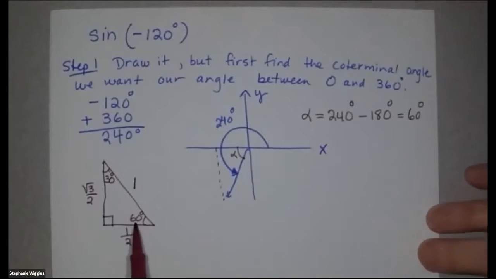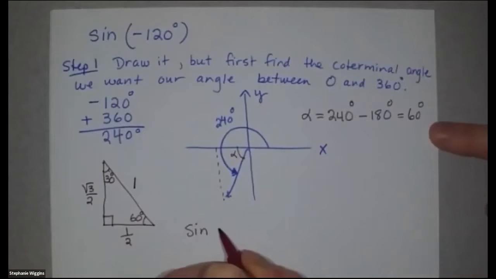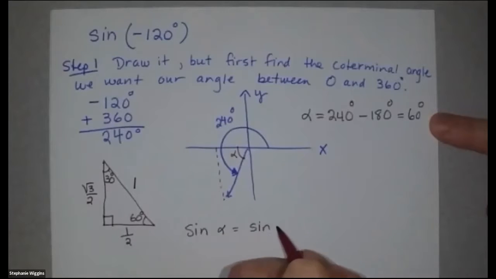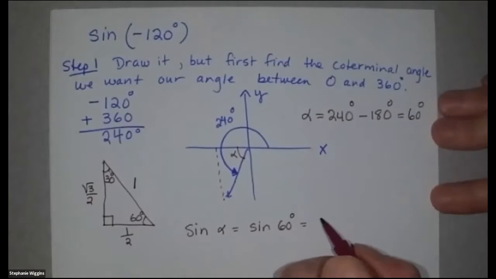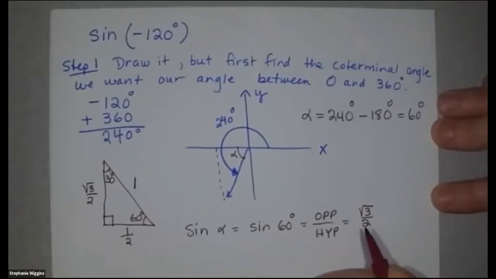So looking at 60, we have sine. Sine of your alpha is sine of 60, which is opposite over hypotenuse. The opposite of 60 is square root of 3 over 2, and the hypotenuse is 1.